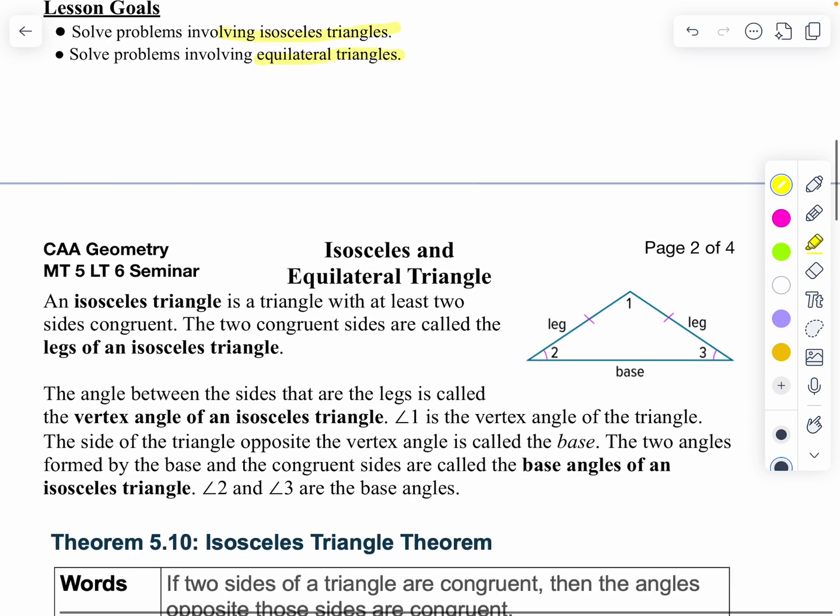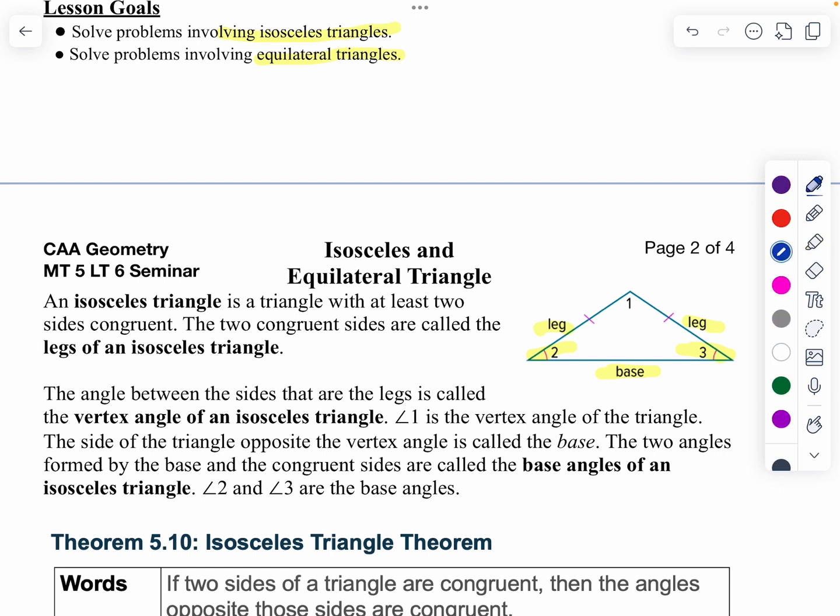First, we have some vocabulary concerned with an isosceles triangle. Remember, an isosceles triangle has 2 sides the same. We call those legs. The other side that's not the same is called the base. As it turns out, if you have an isosceles triangle, you also have 2 angles that are the same.